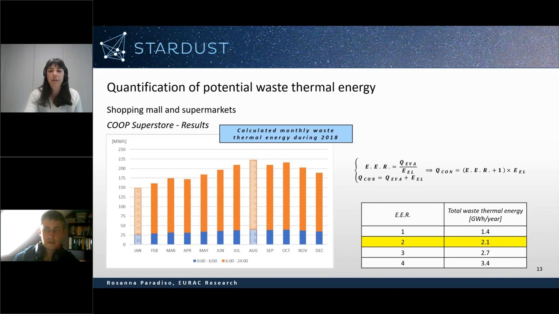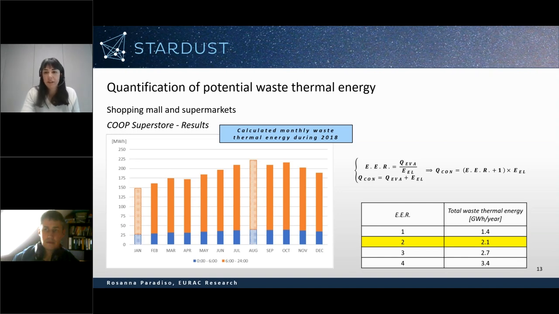Then, from the electricity consumption, by giving a plausible value to the energy efficiency ratio, we calculated the available waste heat, the heat rejected in the environment at the condenser of the refrigeration units.